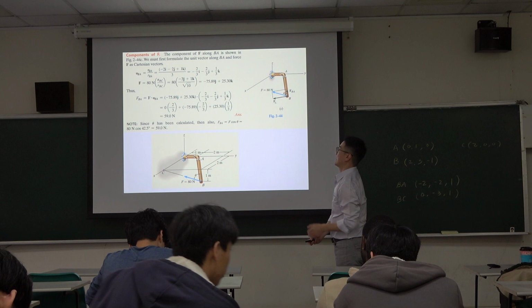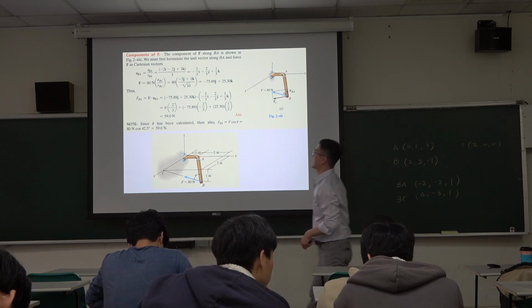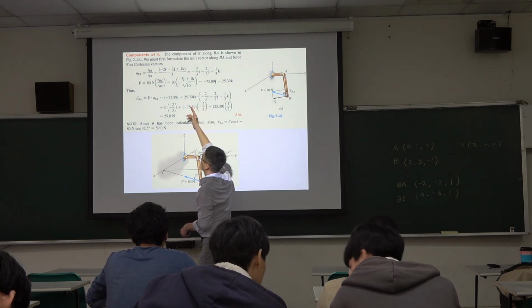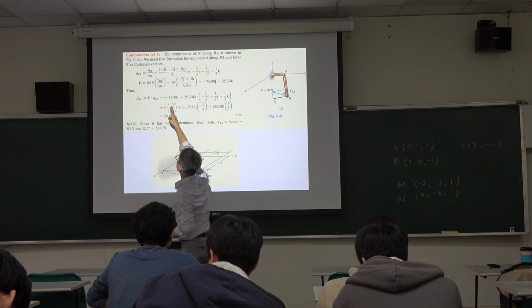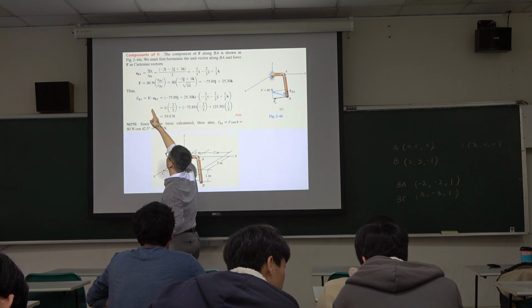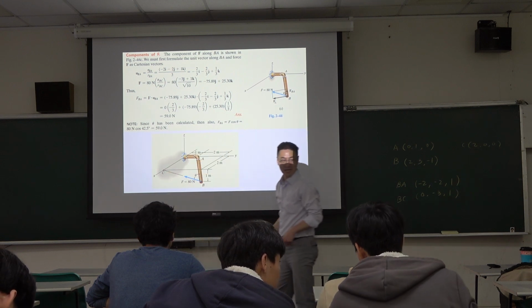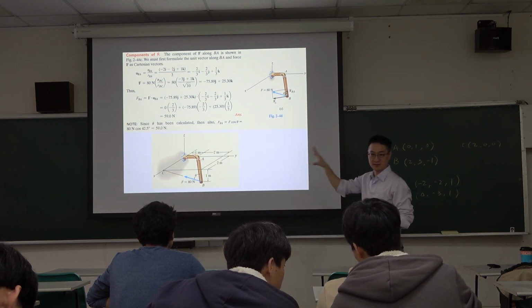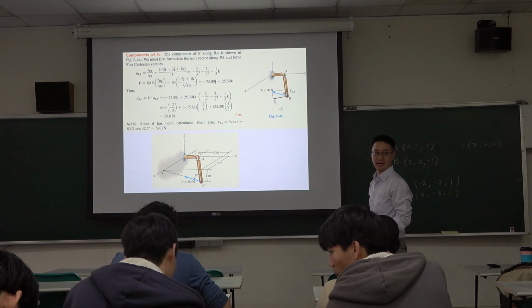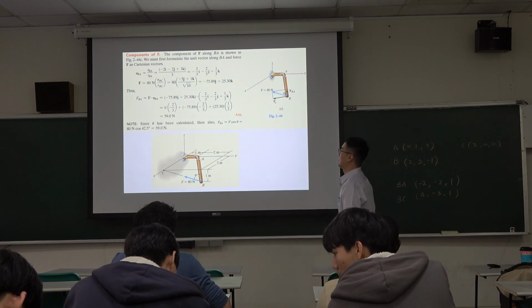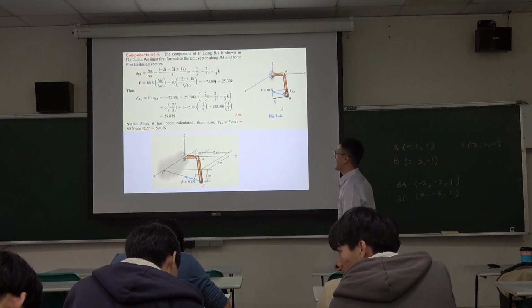Then force vector dot unit vector BA means the projection to BA.